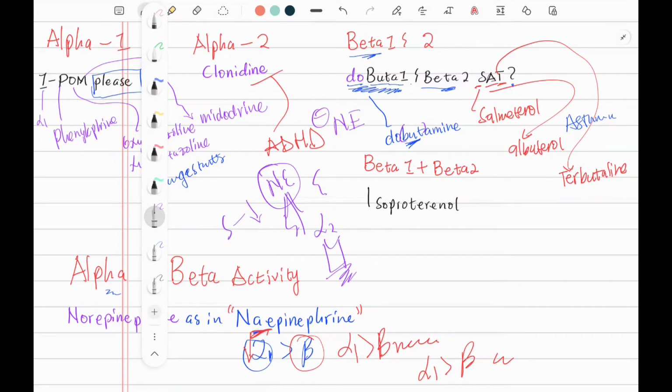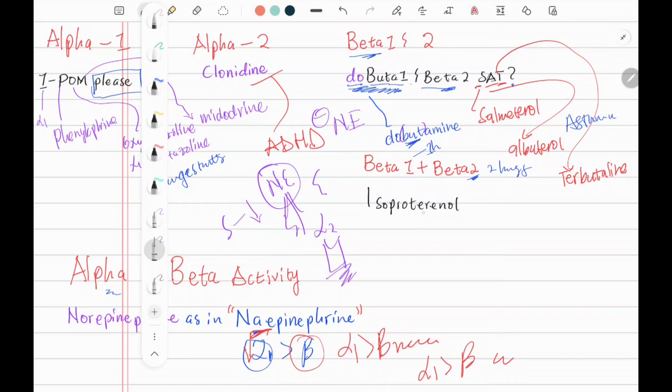I didn't forget it. I know it's kind of messed up in the writings over here. And so isoproterenol has beta 1 and beta 2 activity. So it binds to beta 1 and beta 2 receptors. And so we know beta 1 is found primarily in the heart, because we have one heart. Beta 2 receptors are found in the lungs, because we have 2 lungs, right?